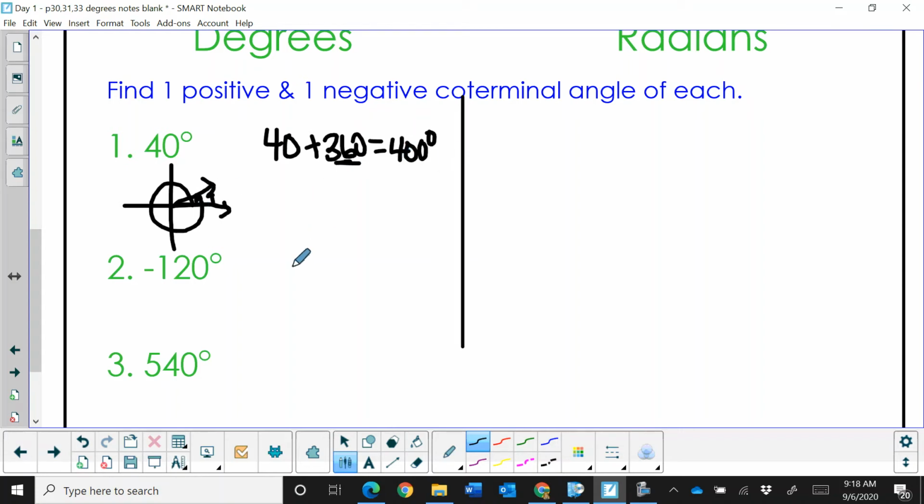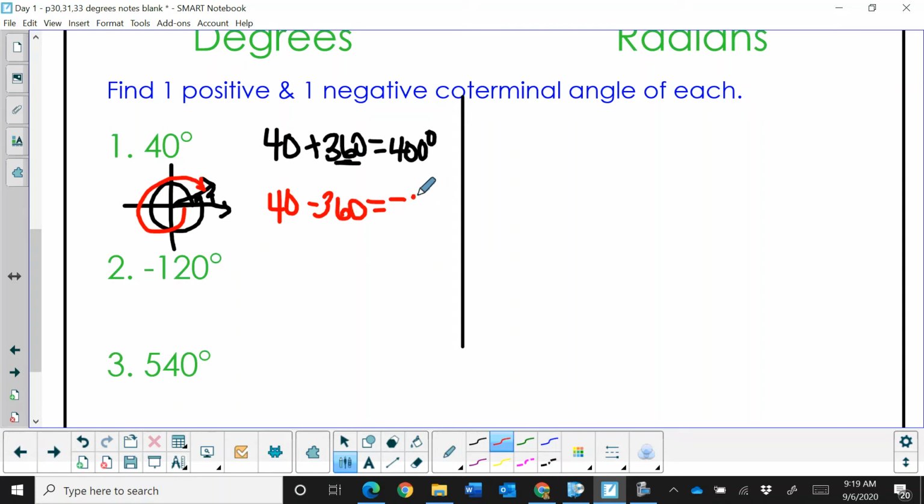Now, what about a negative coterminal? For negative coterminals, we're just going to go the opposite direction. So I'm going to take 40 and subtract 360 from it. When I do that, 40 minus 360 gives me a negative number, and that's correct because I'm going clockwise.